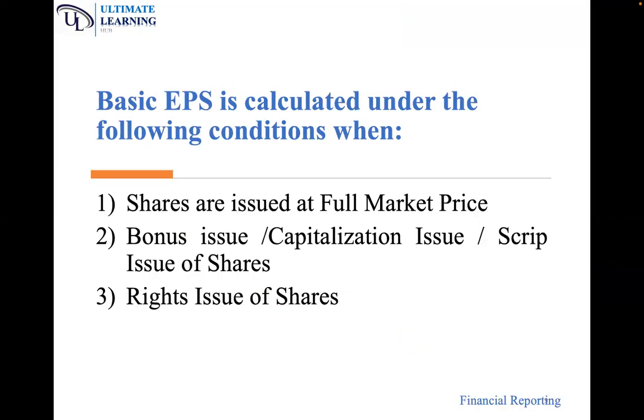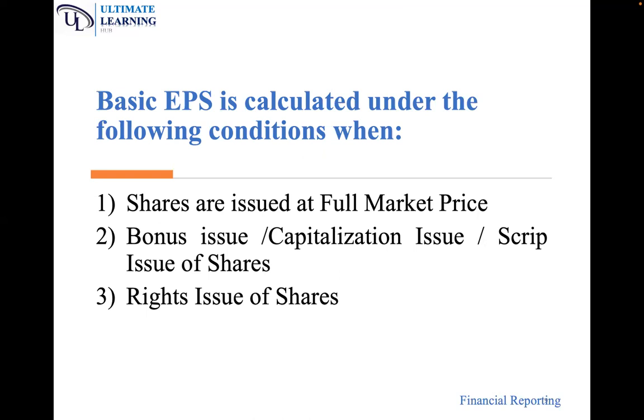When we want to calculate the basic EPS, it's calculated under the following conditions. Number one, if shares are issued at full market price, that is, we issue new shares at full market price, it will enable us to calculate basic EPS. Number two, if there is what we call a bonus issue of shares, or what is called capitalization. Bonus is also known as capitalization issue, or it's also known as scrip issue.